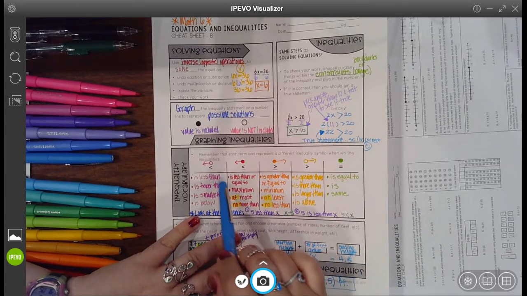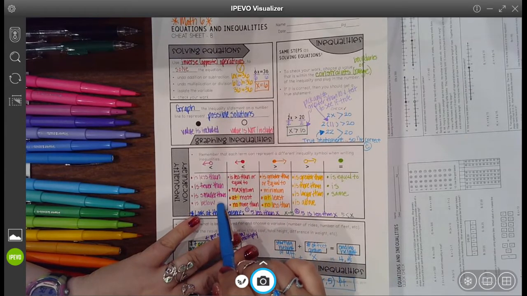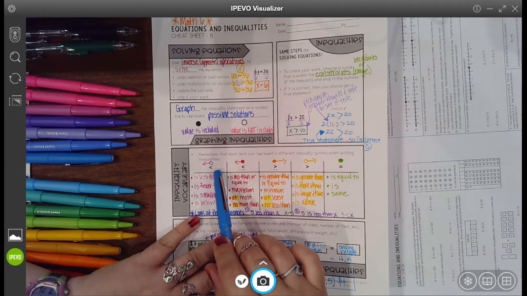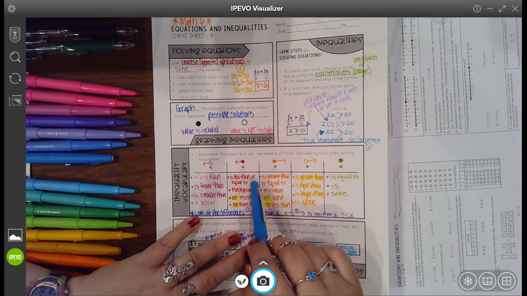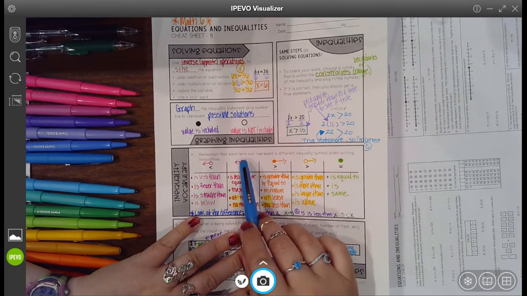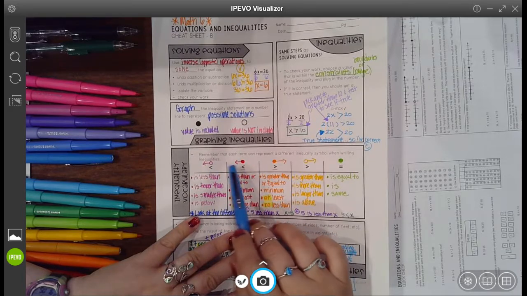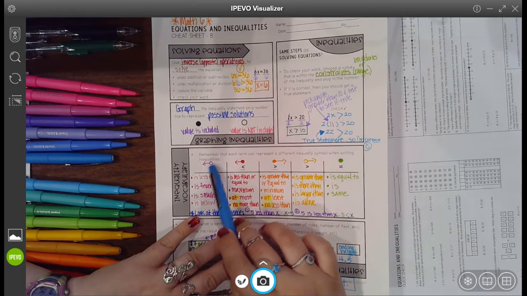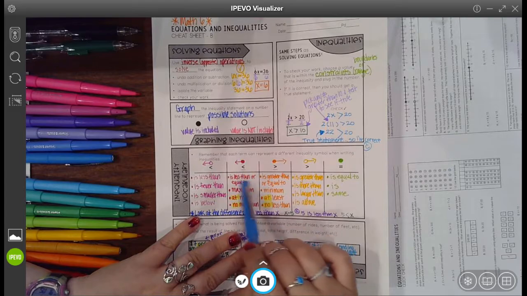So is less than, fewer than, smaller than, below, it's a less than sign. Same exact things, but if it says is less than or equal to, then it's a less than with a line underneath because it's including that point. So these go in the same direction, but this is an open circle and this is a closed circle if it's an or equal to.